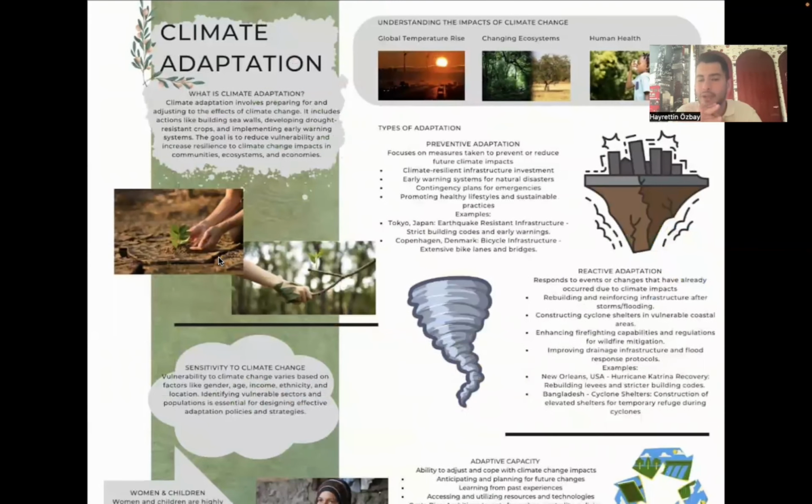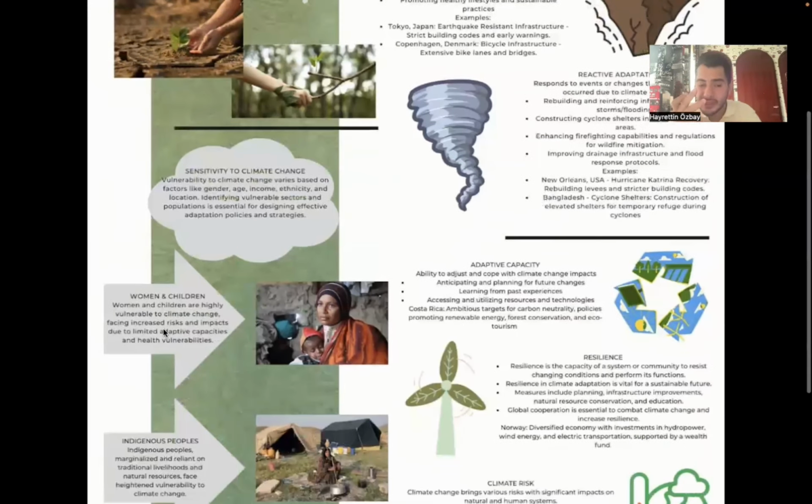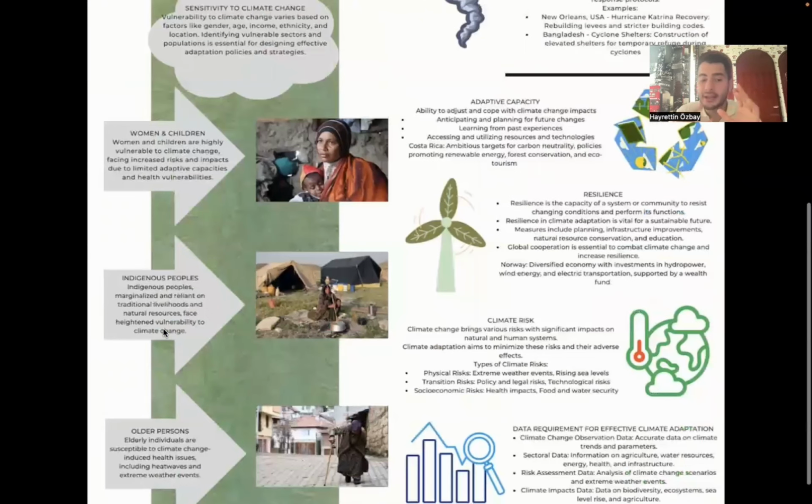And we have to care about climate change for the future, and not just for us. We have to care for our next children, maybe our children's children, and next generations. It's so important: global temperature rise, changing ecosystems, human health, and sensitivity of women, children, indigenous peoples, and older persons.